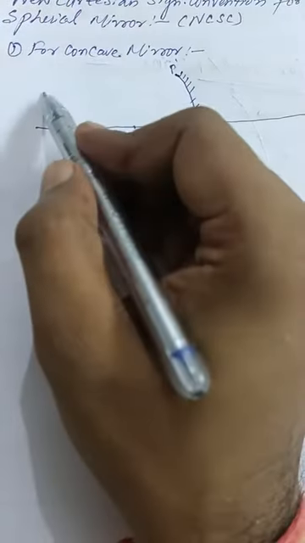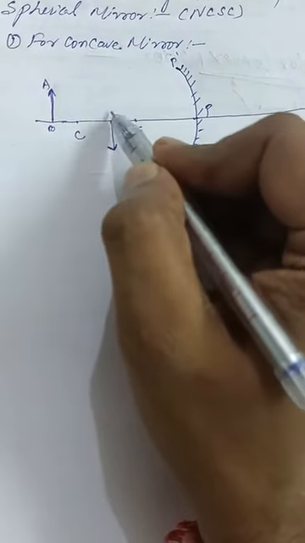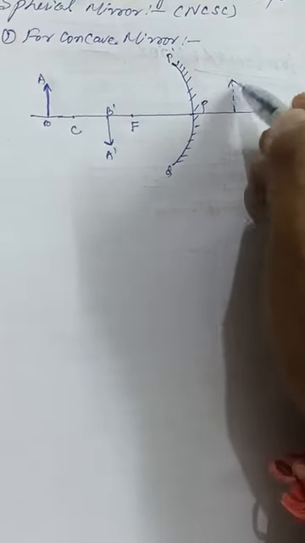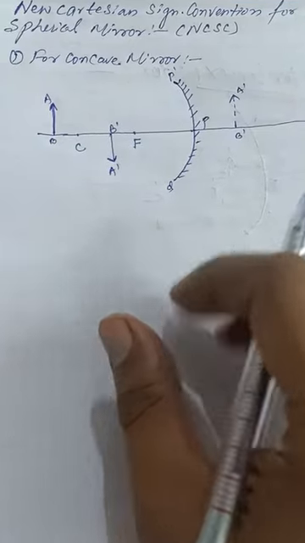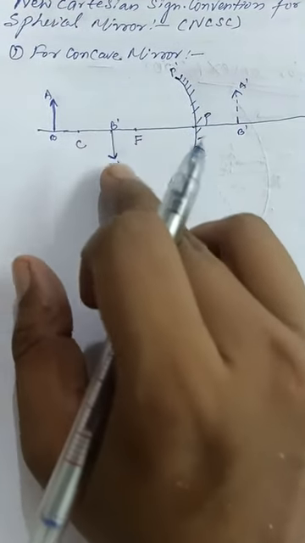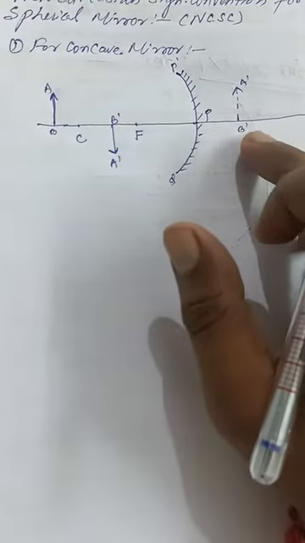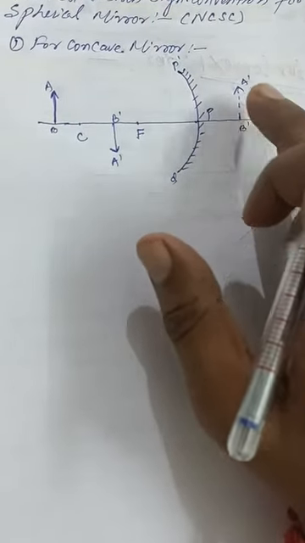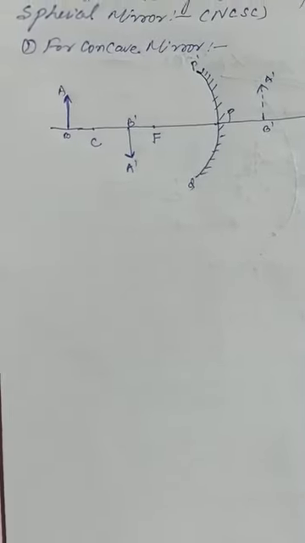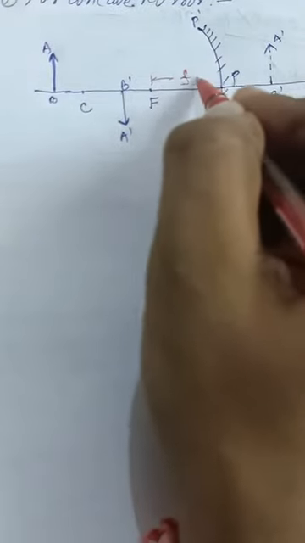So we assume this is an object named AB, and its image may form here, B dash, A dash, because in a concave mirror there are a total of 6 image formations. 5 are real, that is downward and inverted, and 1 is behind the mirror, upward, virtual and erect. We know this very well.